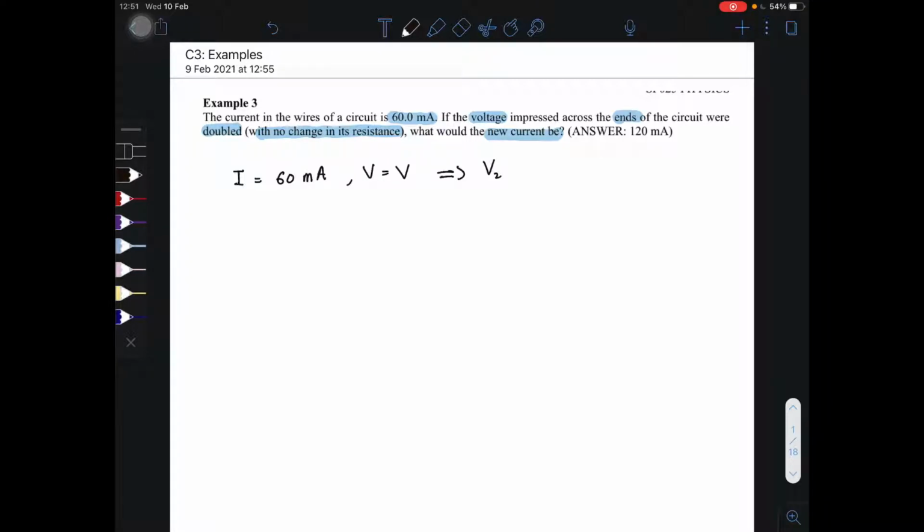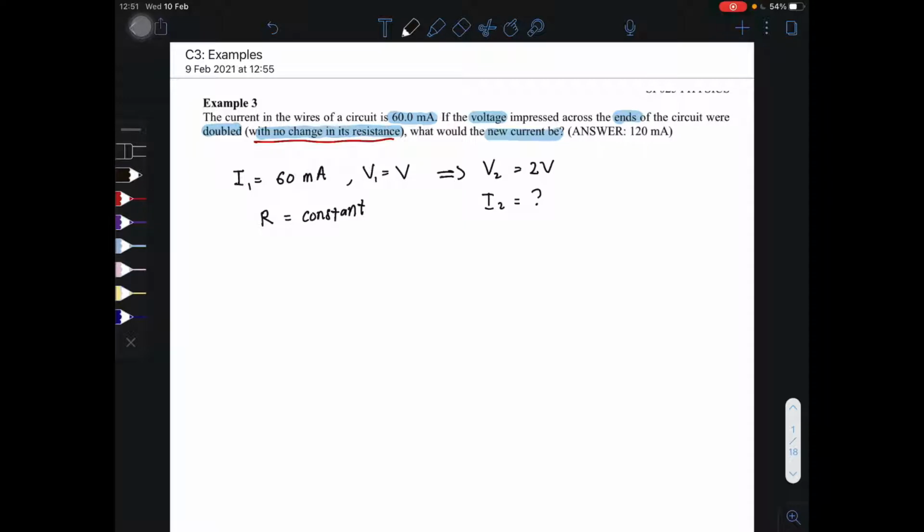Maybe we just label them V1 and V2, so double meaning 2V. We want to know the new current here, so I2, and this one will be I1, and it says here resistance is constant.